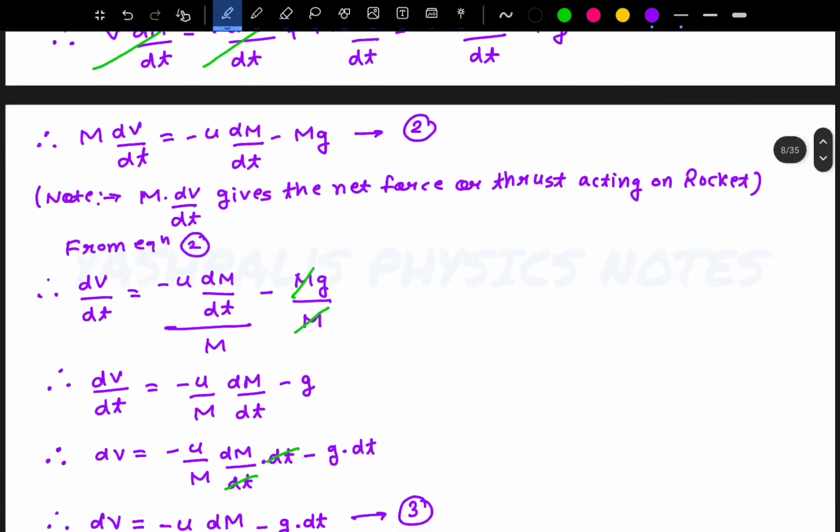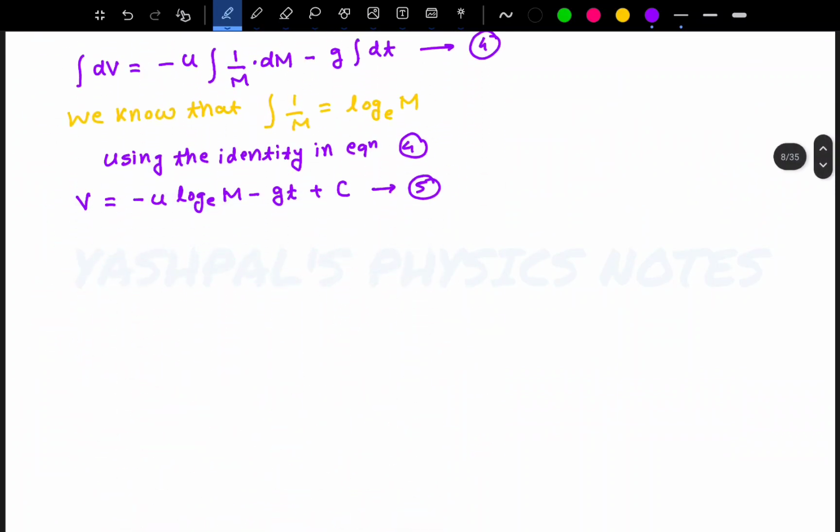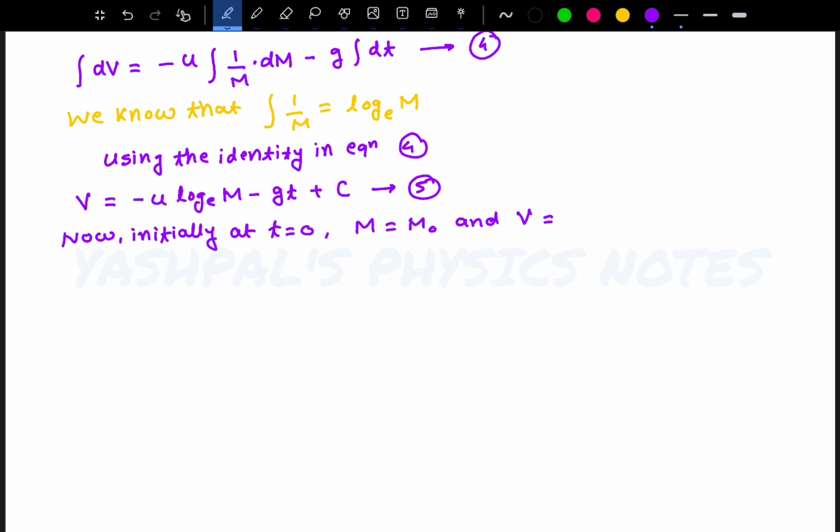So here I am writing, now initially at t equals 0, which means the rocket hasn't taken off. At that condition we can consider capital M equals m naught and V equals V naught.